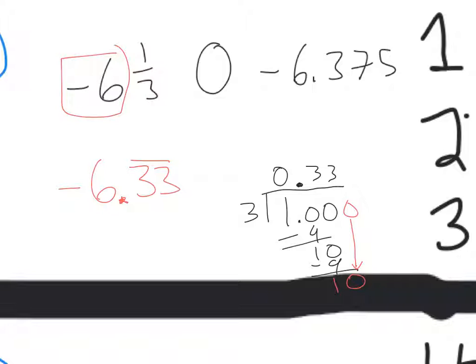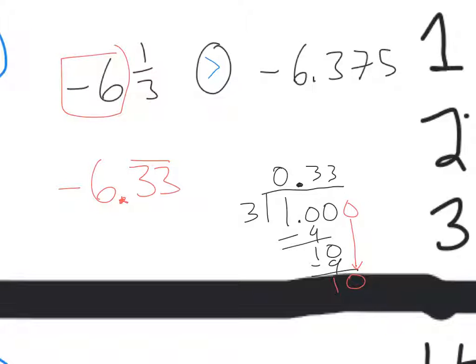So since we're comparing negative numbers, that means this number is actually bigger, since negative 6.375 would be more to the left on our number line. So we would make our little symbol like that.